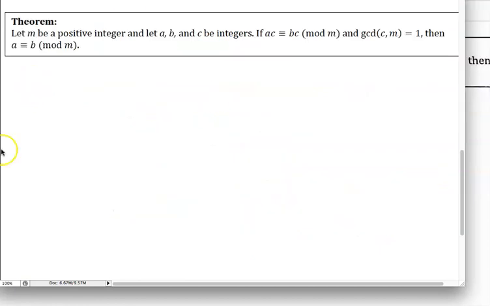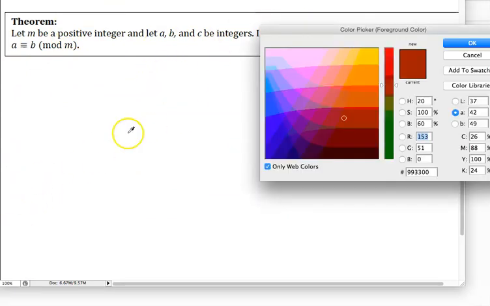So this theorem shows the special case where we can divide both sides of a congruence. Let's look at what it says.